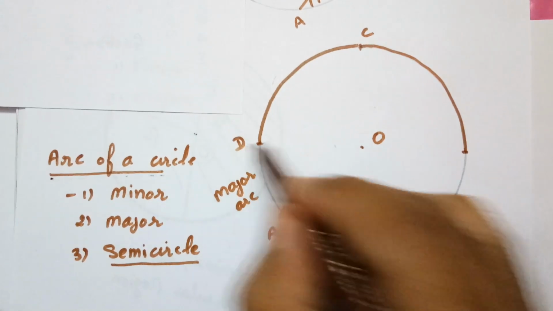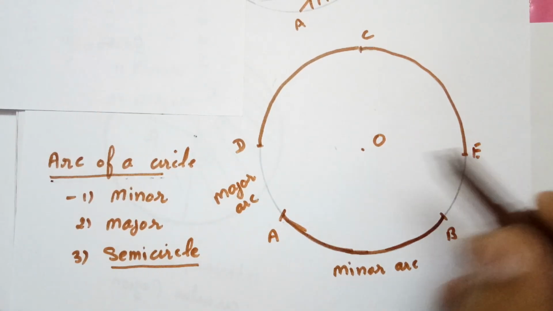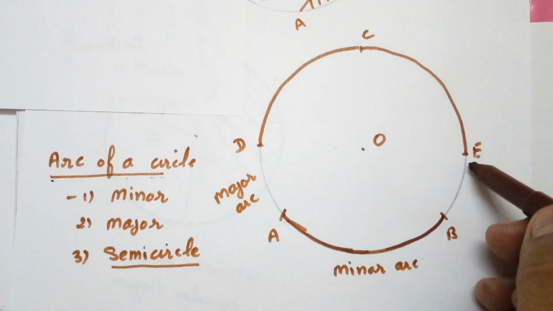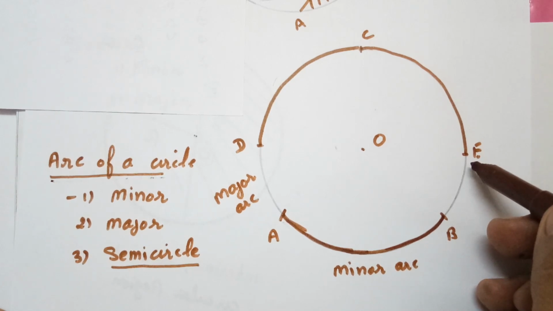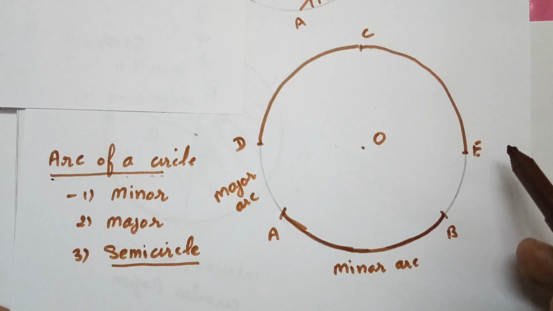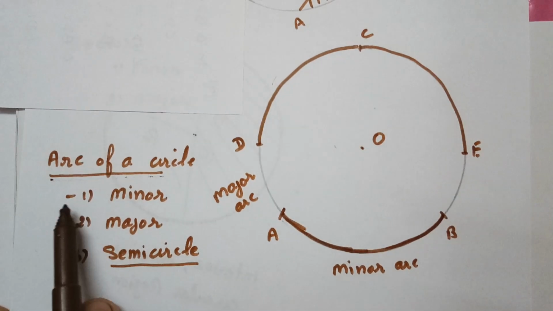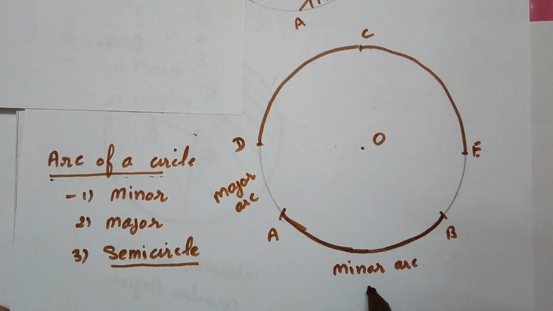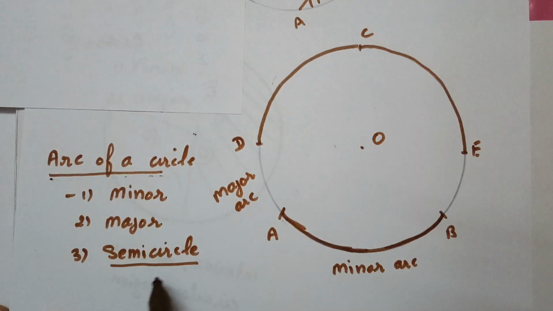So this DC is a semicircle, because this is half, and the remaining will also be half. So these form the arcs of the circle: minor, major, and semicircular.